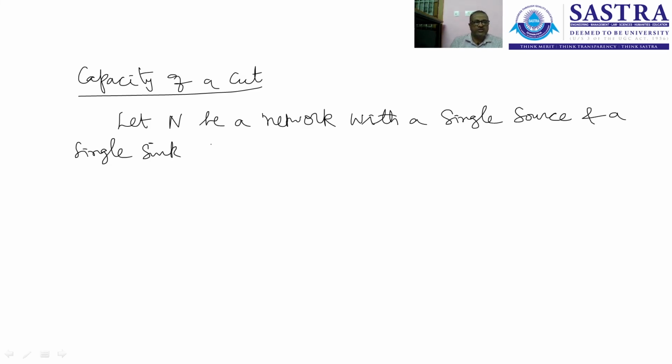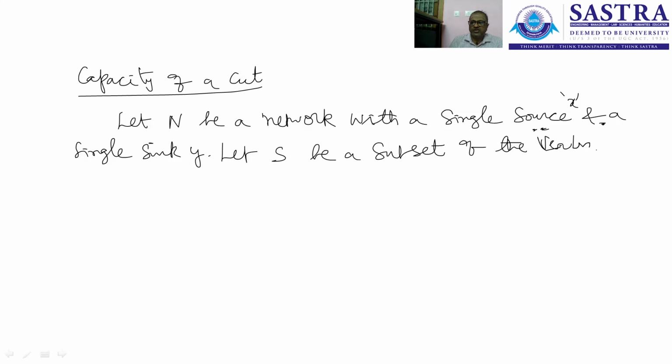A single source and a single sink Y, and the single source I'll denote as X. Now let S be a subset of the vertex set of the network N.